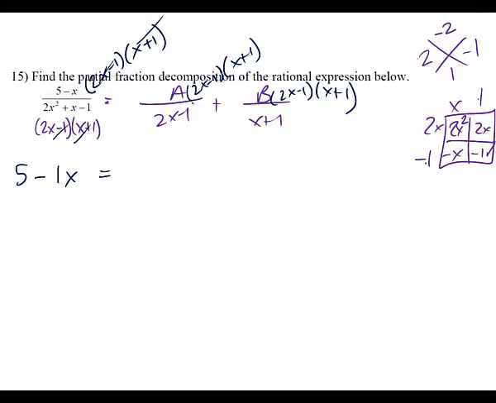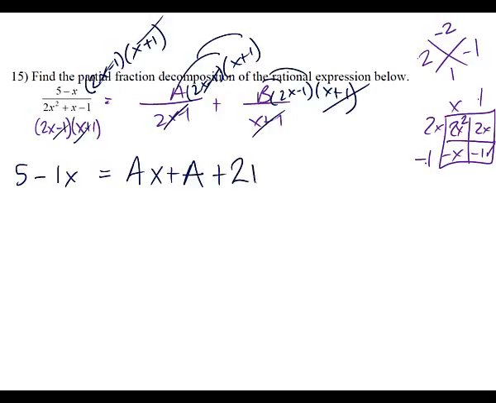In the second one, what cancels? 2x minus 1. Good, and we're going to distribute the a. What do we end up with? Ax plus a1. Good. All right, what cancels in the second one? X plus 1. And distribute the b. What do you get? 2bx Good.